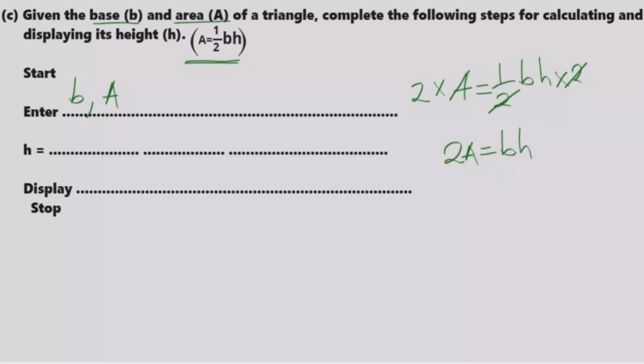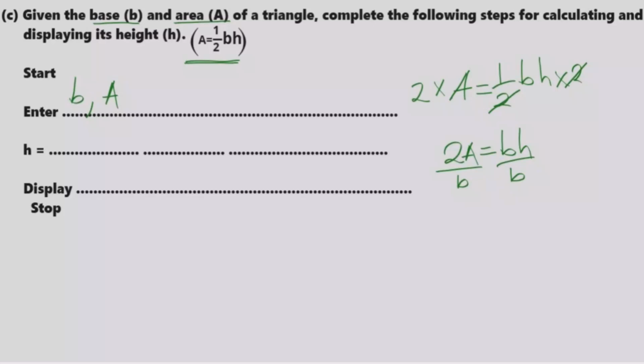Okay, now once we reach here, what we need to do is divide both sides by B. Why are we dividing both sides by B? We want to remain with H on one side of the equal sign so that H can become the subject of the formula.